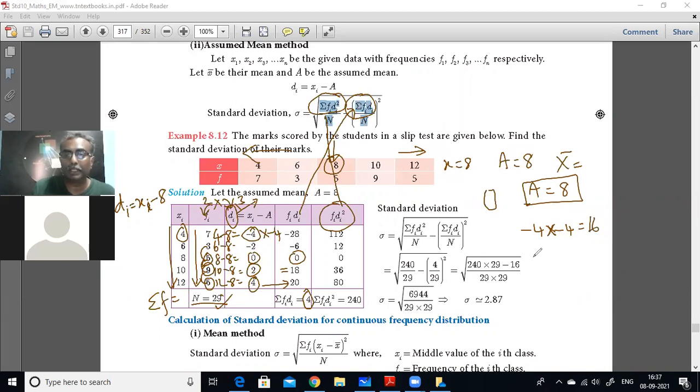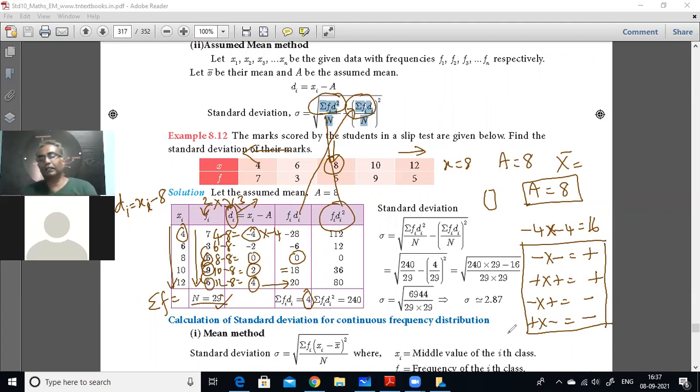You don't know this thing? Minus into minus is equal to what? Plus. Plus into plus is equal to what? Plus. Minus into plus equals minus. Plus into minus equals minus. This is something you learned in 8th standard. You forgot that. That is why you should learn all the previous things and not omit anything.